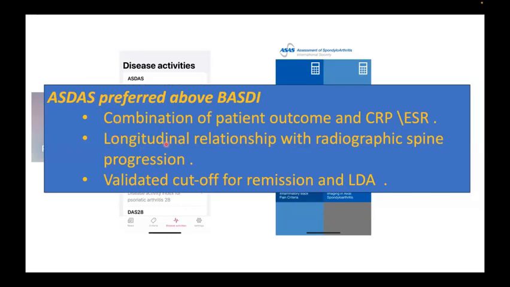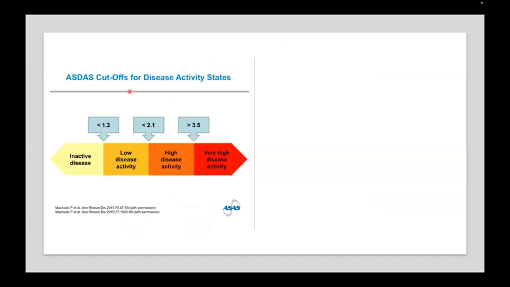Also, ASDAS has been studied and has a longitudinal relation with radiographic spine progression. And they also have validated cutoffs for remission and low disease activity. This is the cutoff of disease remission, less than 1.3, and you have low disease activity, high disease activity, and very high disease activity.